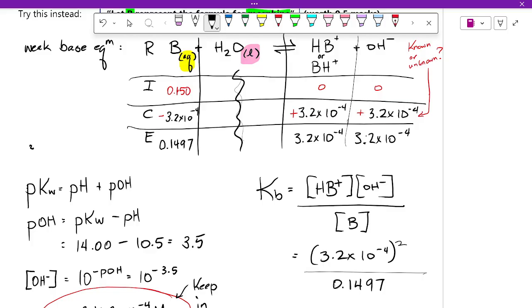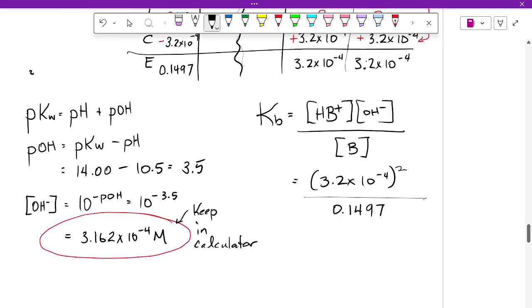Equals. I think something went wrong. Do you get 6.7 times 10 to the minus 7? I think that's wrong. Is it right? Okay, cool. I was a little scared because when I squared 3.2 times 10 to the minus 4, I got like 0.1 or something, like a real rounded off number. But anyway, that's what we get.